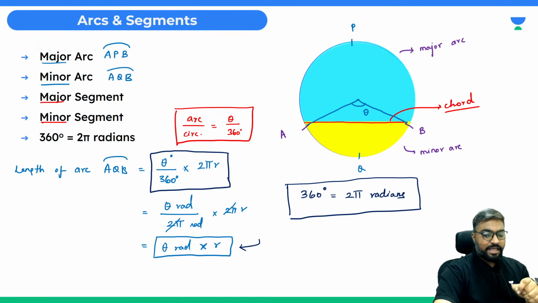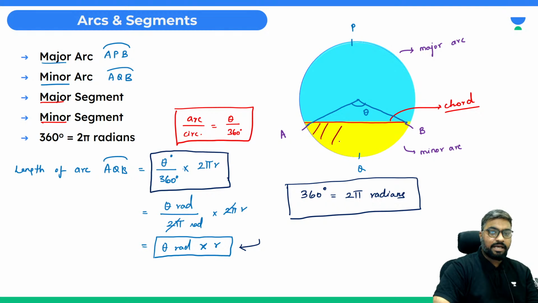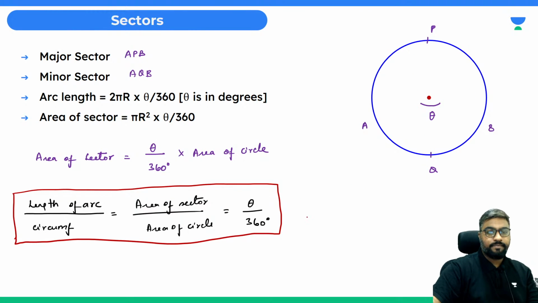तो अगर आपको एरिया ऑफ अ सेगमेंट ढूंढना है, इसका ये वाले पार्ट का एरिया अगर ढूंढना है, तो व्हाट विल यू डू? एरिया ऑफ अ सेगमेंट इज गोइंग टू बी इक्वल टू व्हाट?